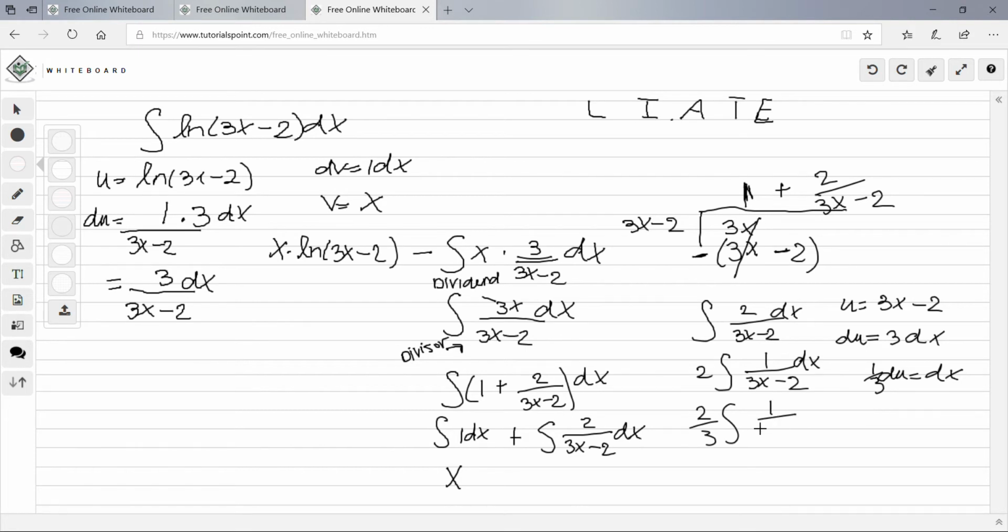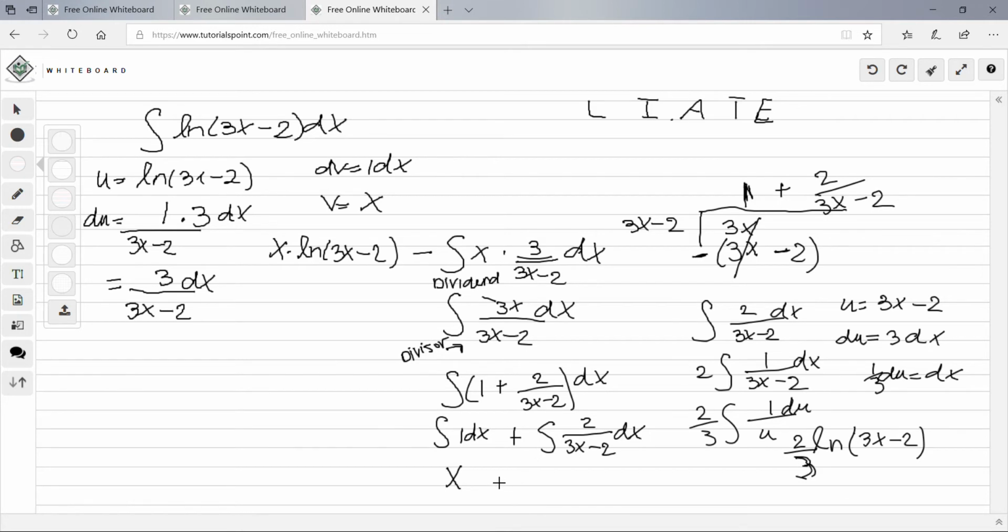The integral of 1 over u du. So the integral of 1 over u is just ln of u, which is 3x minus 2. And then don't forget the 2/3, because it's a constant.